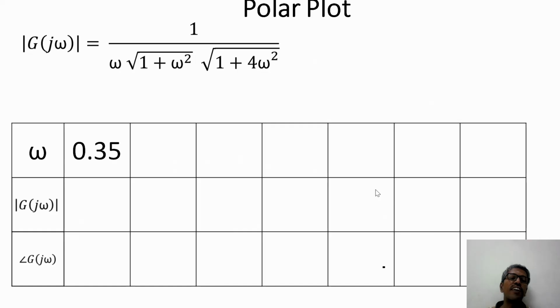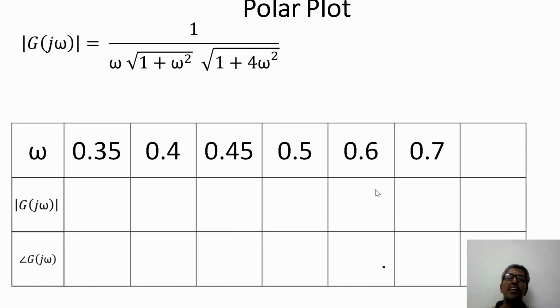Now you vary the omega frequency around the corner frequencies omega c1 and omega c2. You can vary omega randomly between omega c1 and omega c2. Now I consider 0.35 to 1, and I will vary the omega value.